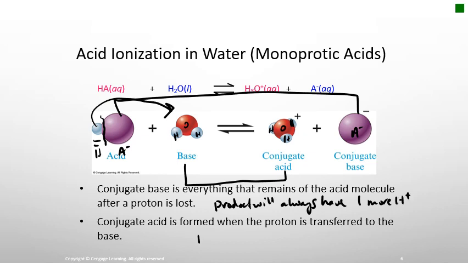The conjugate acid, the product will always have one less hydrogen ion. Now, when we look at these examples, this can happen for bases as well, but we're going to focus on acids to begin with. And we're going to look at acids that can donate more than one hydrogen ion.